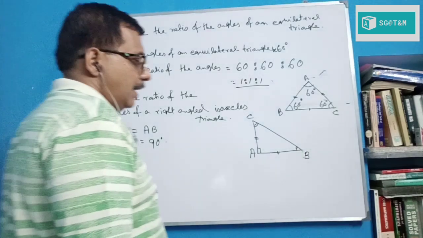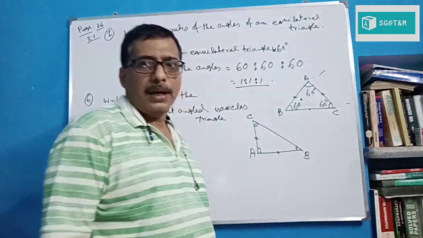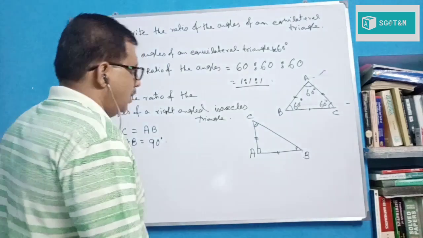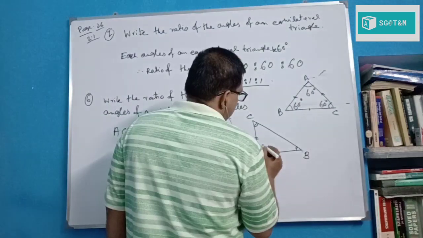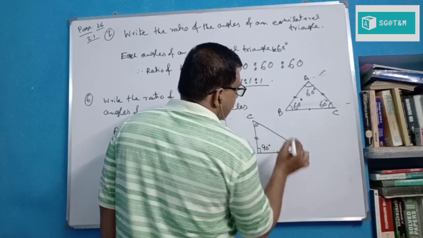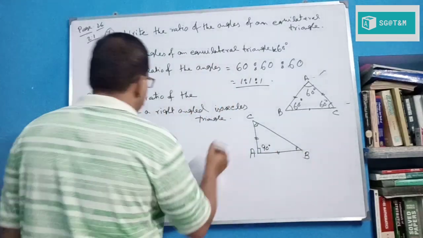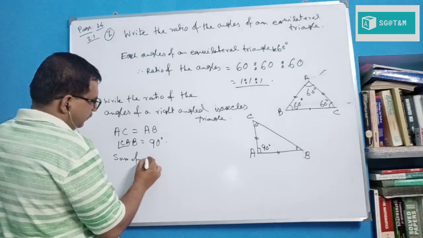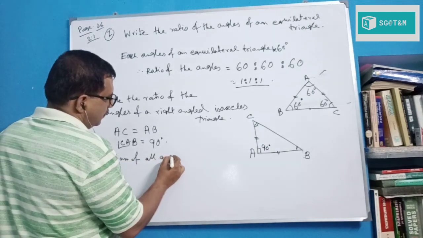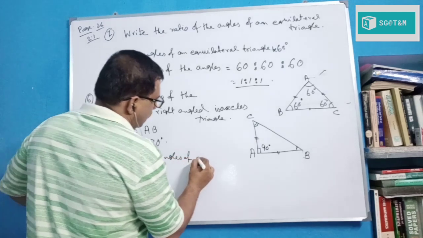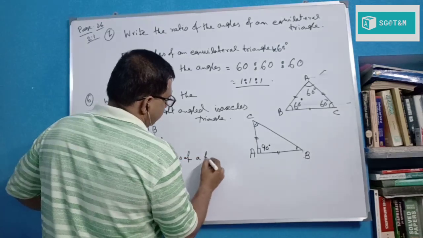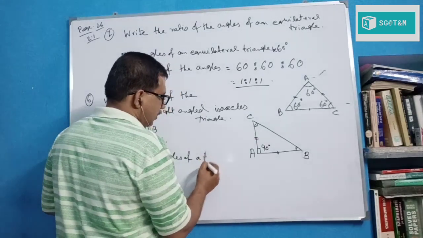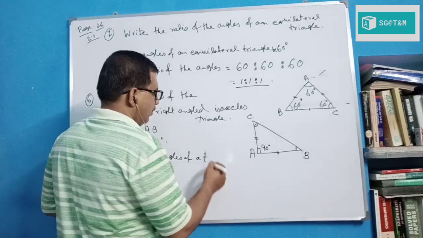of any plane triangle, obviously, is 180 degrees. Sum of three angles is 180 degrees. So this is a right angle, that means this is 90 degrees. You know the concept of plane triangle only.